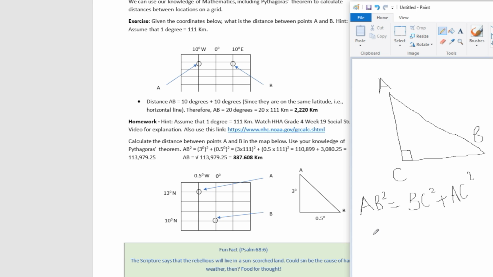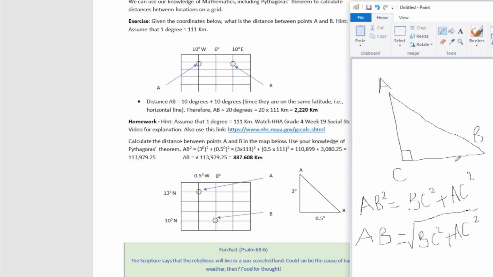All right, so that lets us know that AB will be equivalent to the square root of BC squared plus, you guessed it right, AC squared. So you just draw that square root down like that. So that's what we try to do here to solve this problem.